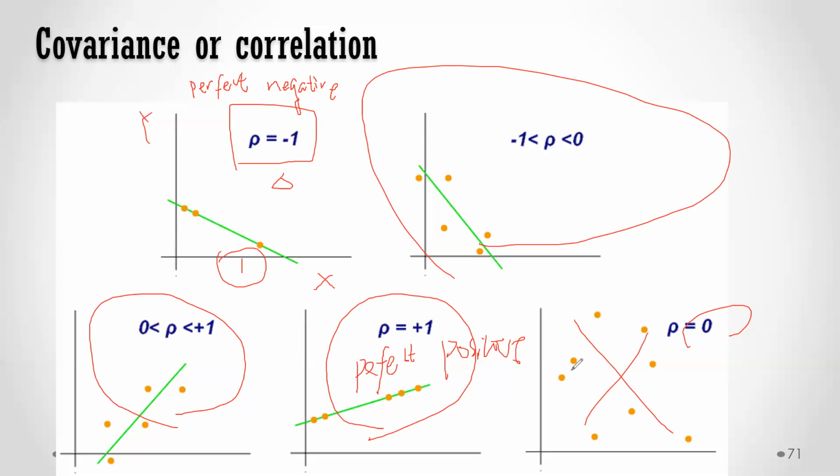If the number ranges between 0 and 1 or 0 to -1, they are positively or negatively correlated, but to a lesser extent. If the correlation is near 0, they have very weak correlation.